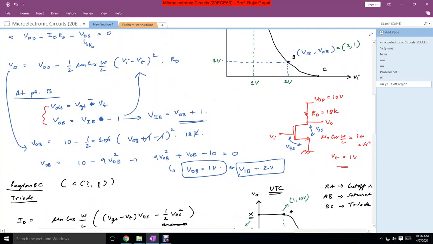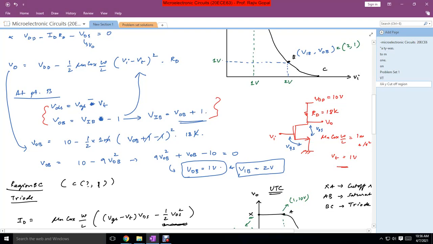This is very important. The limiting condition is VDS equal to VGS minus VT. VDS is output, so I'll write it as VOB. VGS is input, which is nothing but VIB. So from this I'll write VIB as VOB plus 1.